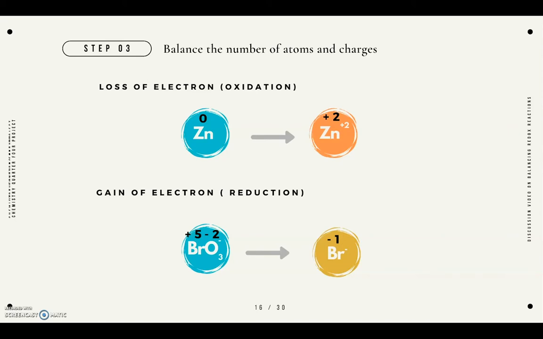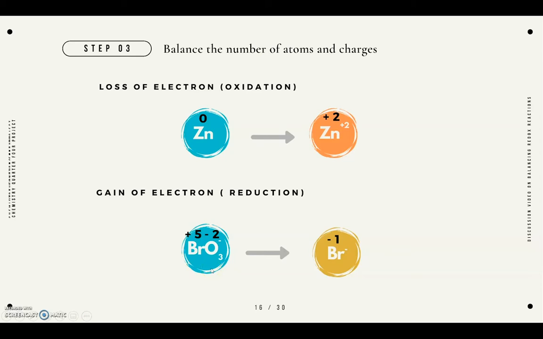Moving on to step 3B. After balancing all the elements other than H and O, we will proceed to balance the oxygen atoms by adding water molecules on the side with the least number of oxygen atoms. Since there are no oxygen atoms in the oxidation half reaction, we can omit this process and go directly to the reduction half reaction. So, on the left side of the reduction half reaction, there are 3 oxygen atoms.